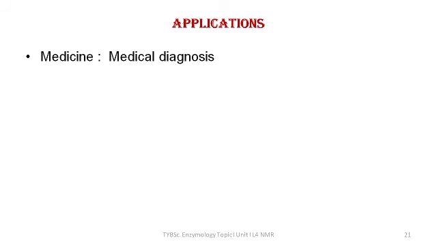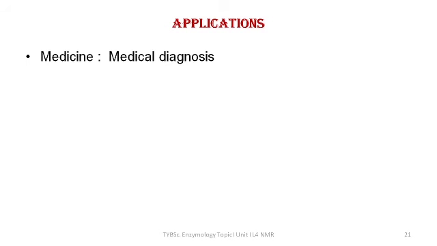Coming down to the applications, the important applications are in medicine. At least the word MRI we have heard here and there, whenever some of our near and dear ones are admitted and are asked to do the MRI. So, MRI is magnetic resonance imaging.